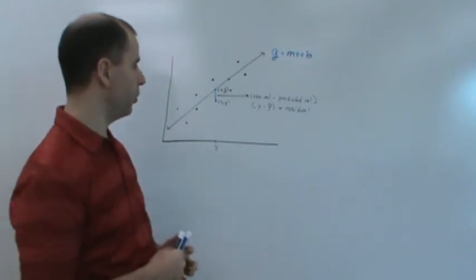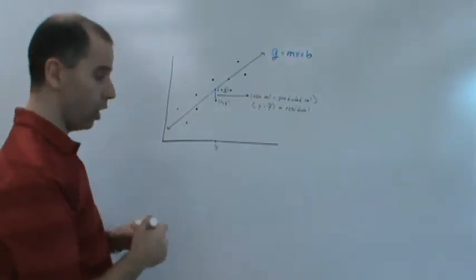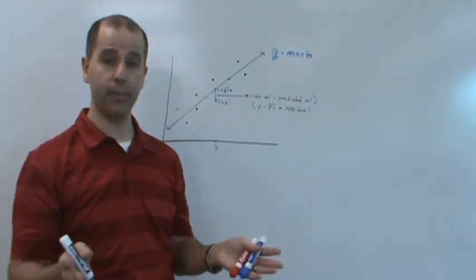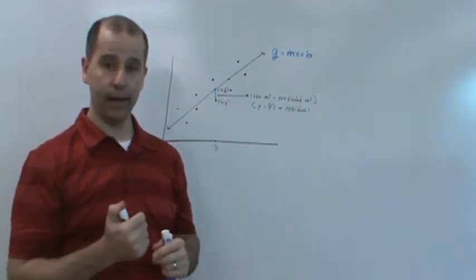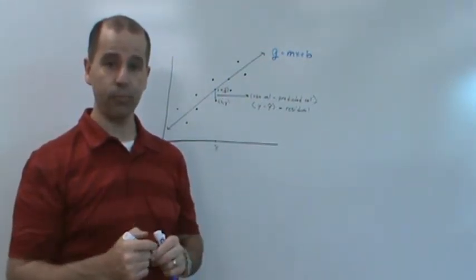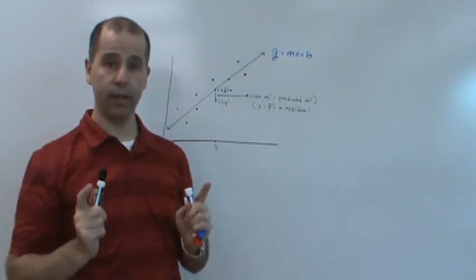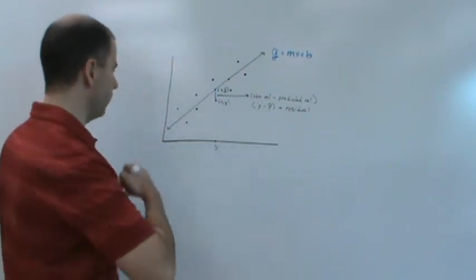I'm going to take all of those residuals, square them, and sum them up, and I want that sum to be the smallest value possible.